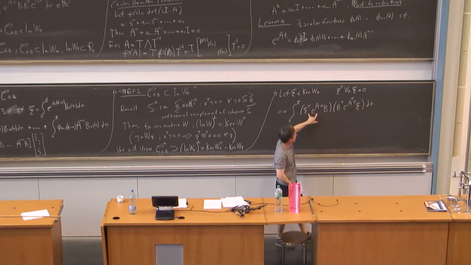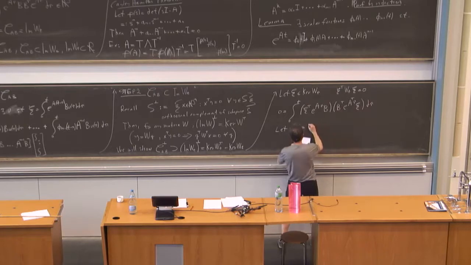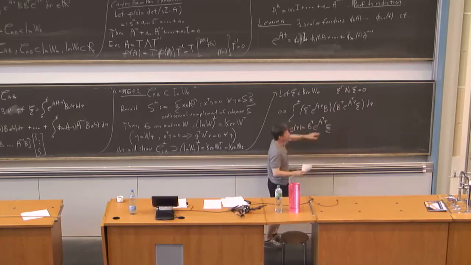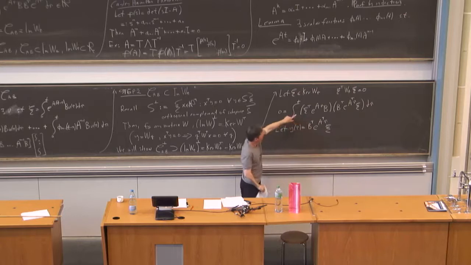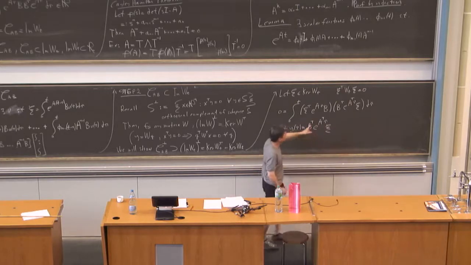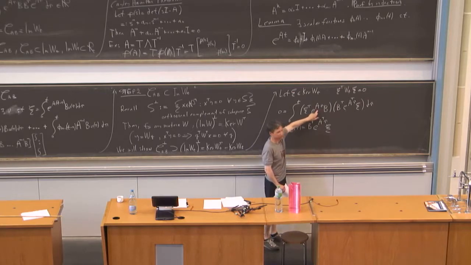Now, if this is equal to 0 for all t, well, first let me just define y of tau equal to B transpose e to the A transpose tau times Xc. That's this term here. I've just shown you that the integral from 0 to t of y transpose times y is equal to 0. And I don't have to get into a complicated discussion because there's nothing smoother than the matrix exponential.